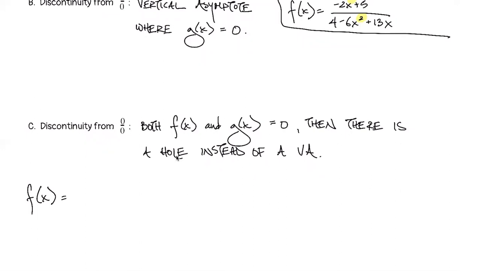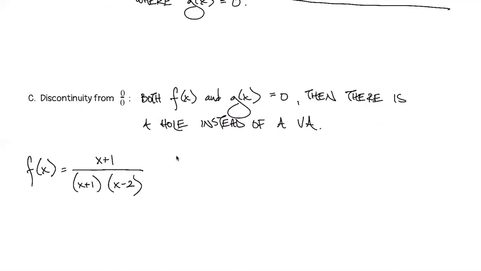We're just making up a function, and let's say we have this x plus 1. Does this function have a vertical asymptote?